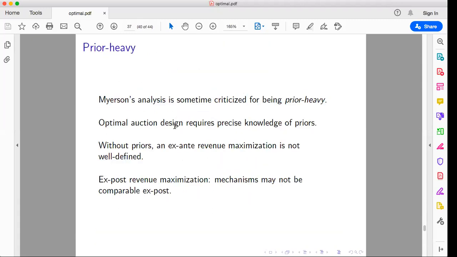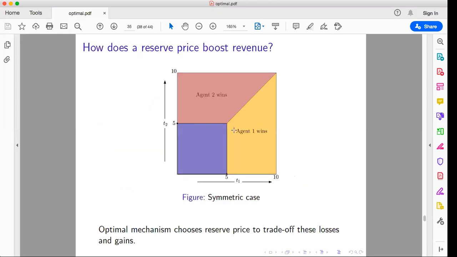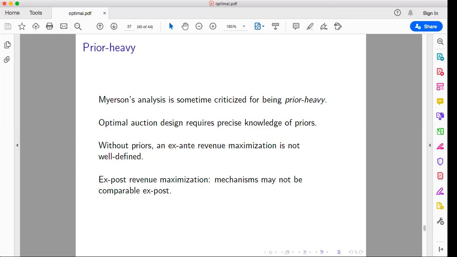So it's not even clear that an ex post revenue optimal mechanism may exist, because every time you give me a mechanism, I can come up with another mechanism where the revenue in some parts is better, but in some other parts is lower. Give me any mechanism in this simple type space, and I'll construct another where revenue in some parts is better and in other parts is worse. So it's not clear that we can actually maximize revenue in an ex post sense.